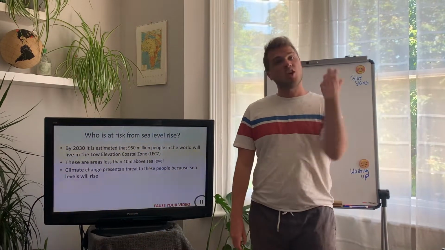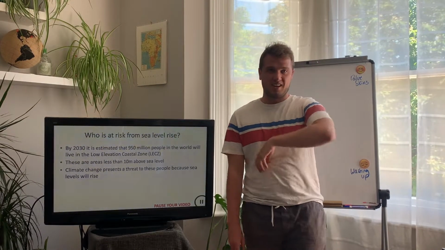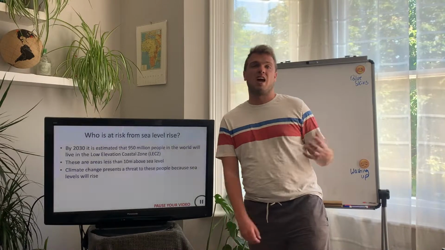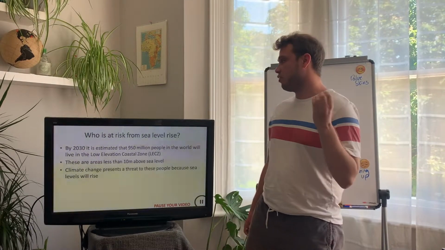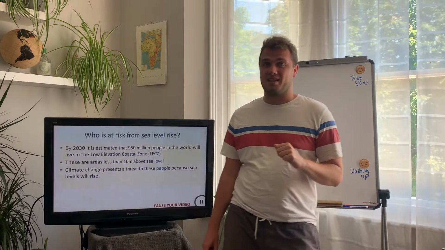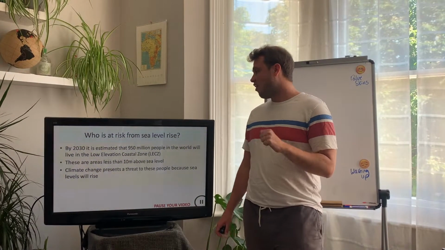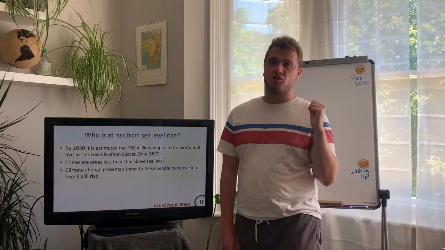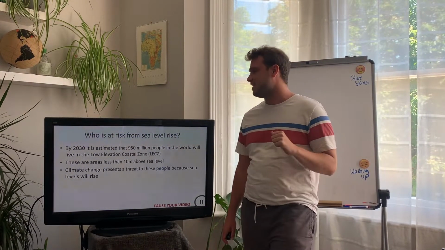So in terms of who is at risk, obviously there's loads of coastlines around the UK and all around the world. And obviously some places are going to be considerably more at risk than others. But by 2030 it is estimated, so only 10 years away, that 950 million people in the world will live in the low elevation coastal zone, the LECZ.